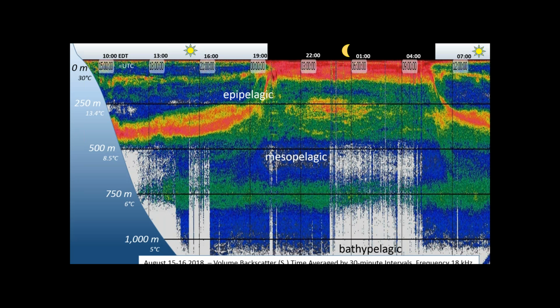Horizon. This is a nighttime and daylight scan, and you can see these massive diel vertical migrations of some of the fishes and zooplankton from a number of layers, 500 meters, 750 meters and deeper. And then right at dusk, you see the vertical migration of these layers to the surface and then back down. This is important because of the animals that are interacting here.